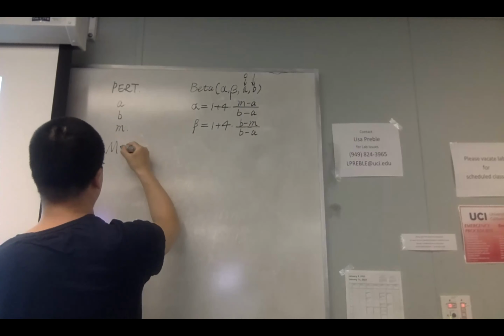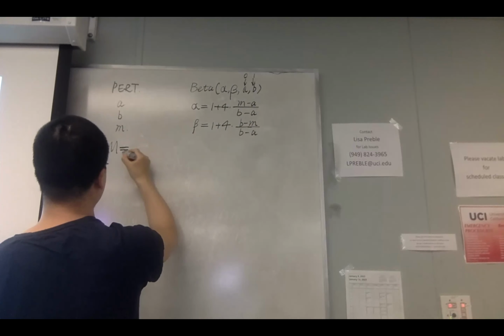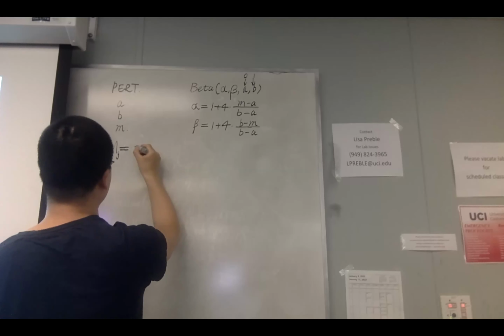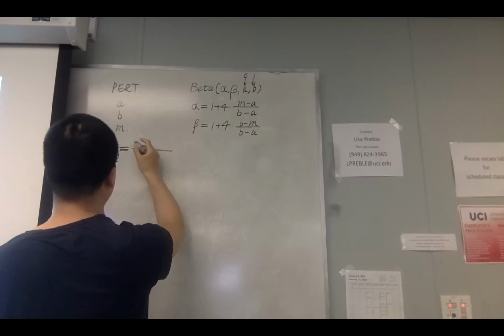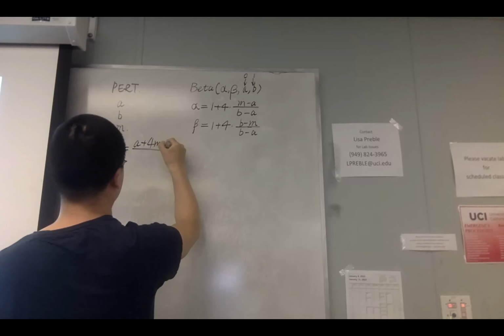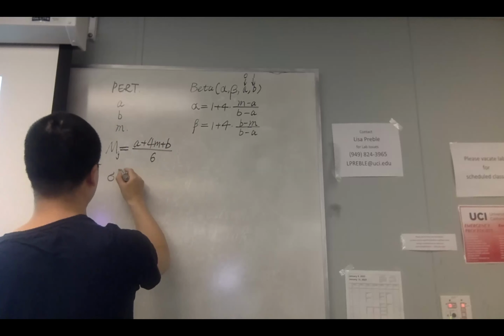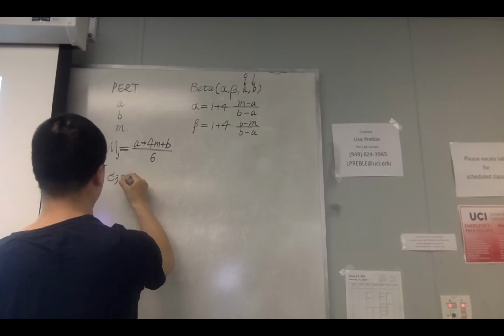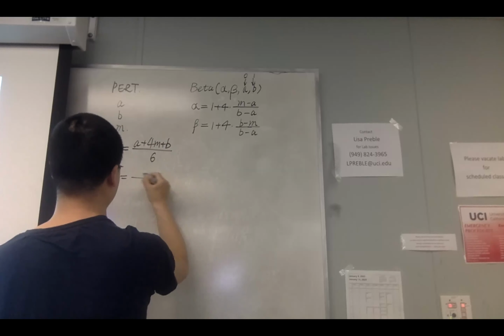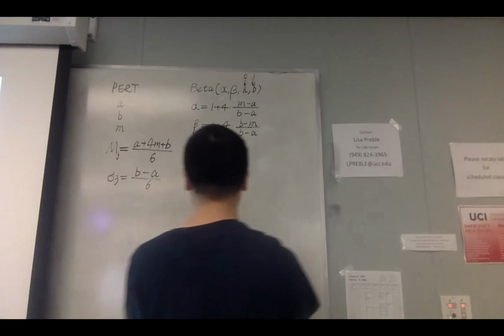So using PERT approximation, we know the mean or expected duration for each activity, so this would be mu_j or t_j, which is (A plus 4M plus B) divided by 6, right? And we also have the sigma, which is (B minus A) divided by 6.